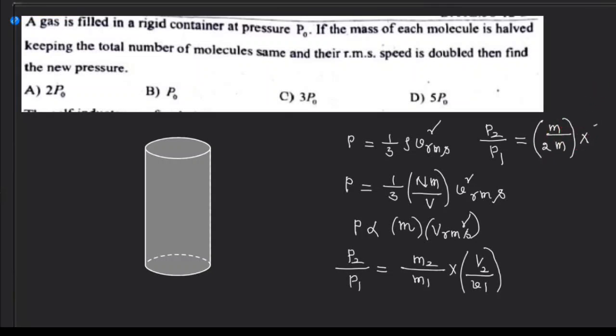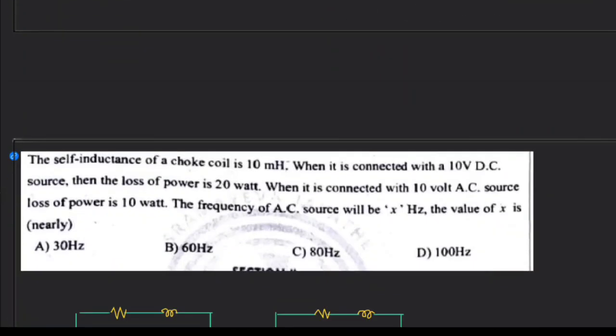Into the velocity, which is doubled, so 2V by V only, and it's squared, right? So 2 square, nothing but 4. So 4V by V. So this will cancel, this will cancel. Therefore, this P2 is equal to 2P0. P2 equal to 2P0, that is the answer for this question. Clear? So please keep this formula in mind for the next exam, right?